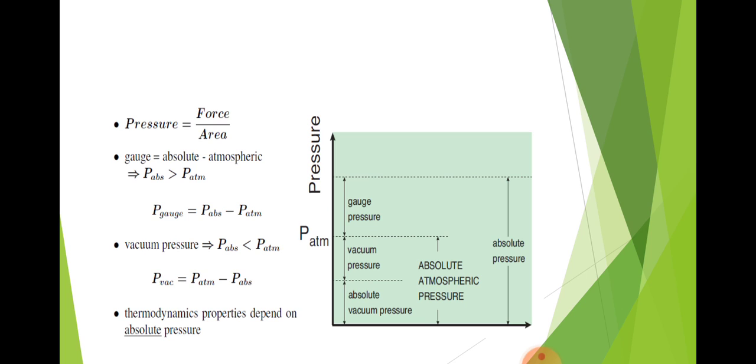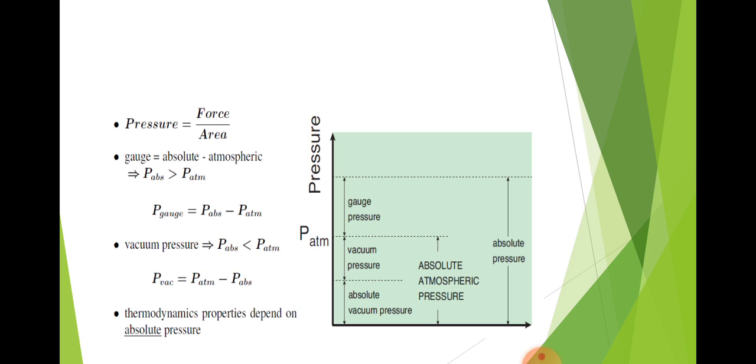So in our example we take the example of a steam boiler. In that, the pressure gauge is attached to the boiler and the reading shown by the pressure gauge is called the gauge pressure. In this, the absolute pressure of the steam within the boiler is equal to the observed gauge pressure plus the atmospheric pressure.